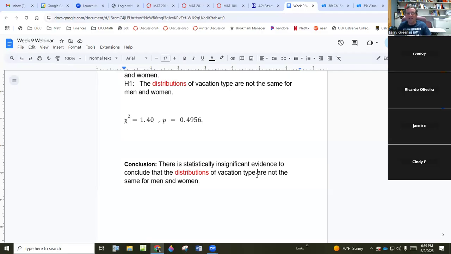Okay. And then if you have two survey questions and one of the survey questions just breaks it up into two groups, and you want to find out if the distribution for the first group is the same as the distribution for the second group of the second question, then that would be test for homogeneity. Any questions on that?